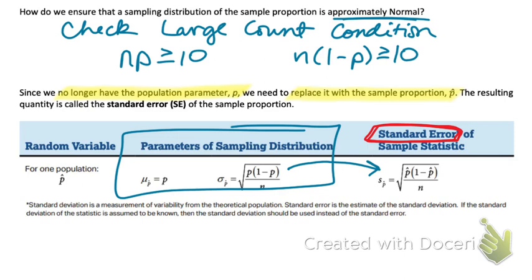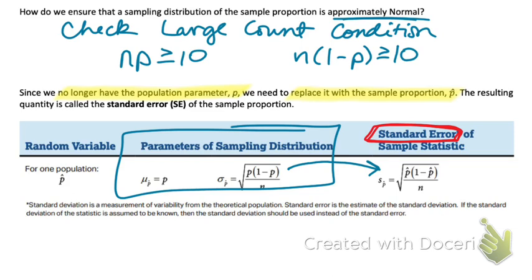It's just terminology to indicate that, hey, this is the standard error. We're pretty sure that it's a good estimate of the standard deviation, but there could be some variability in it. And so we call it the standard error to indicate that p hat was used instead of p, okay?